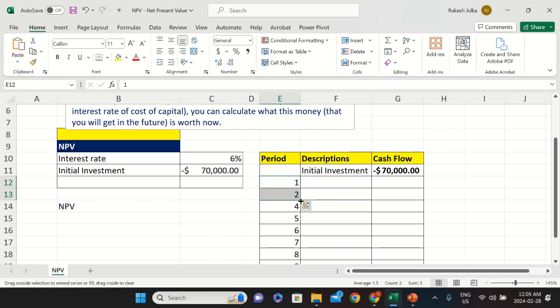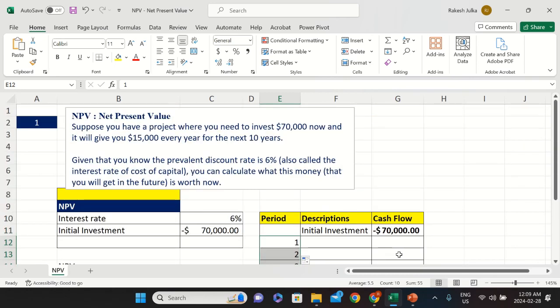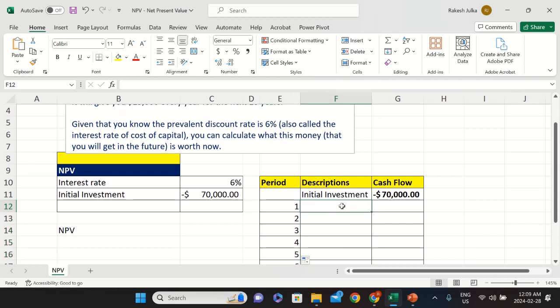So for the next 10 years I'm expecting $15,000 every year. Here I'm just writing, if for example today is 2024, and next will be 2025, and the next year, so I can write here year.